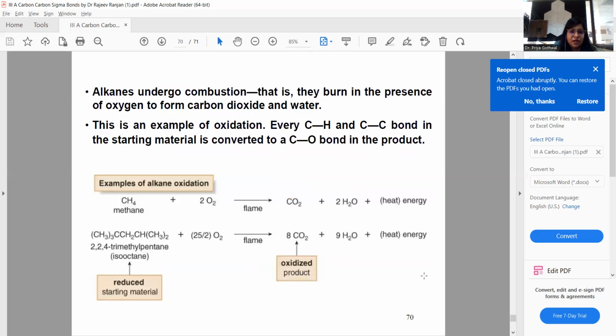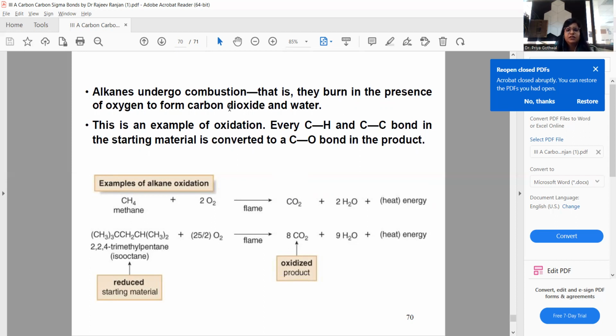Alkanes undergo combustion, that is, they burn in the presence of oxygen to form carbon dioxide and water. Generally, a combustible substance gives carbon dioxide and water as products. Carbon dioxide is a gas released into the environment through direct combustion.